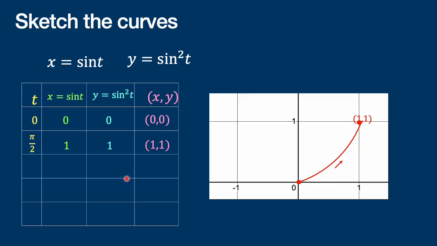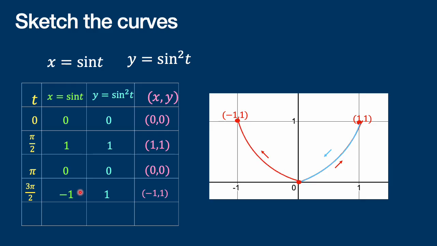Next one, pi. Sine pi is 0, sine squared is 0. So (0, 0), coming back to the origin, guys. Coming back in this direction. Then 3 pi over 2: sine is negative 1, negative 1 squared is 1. That's going to be (-1, 1), right? So you're going to this point.